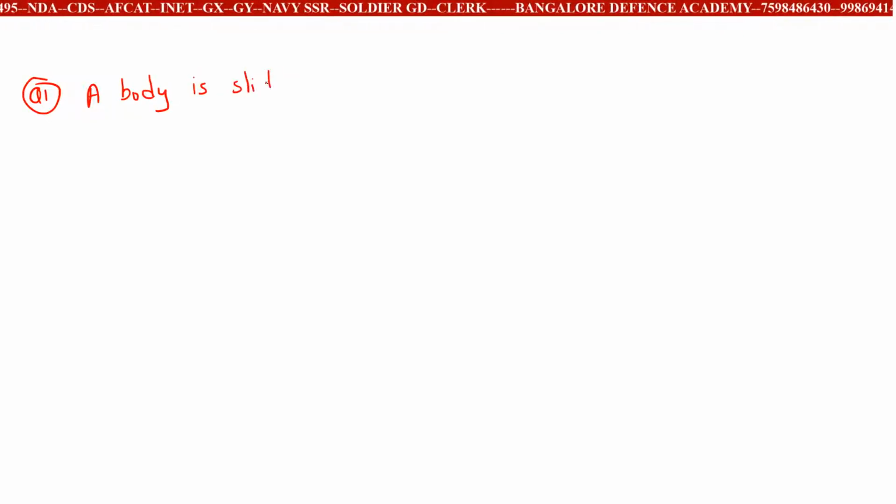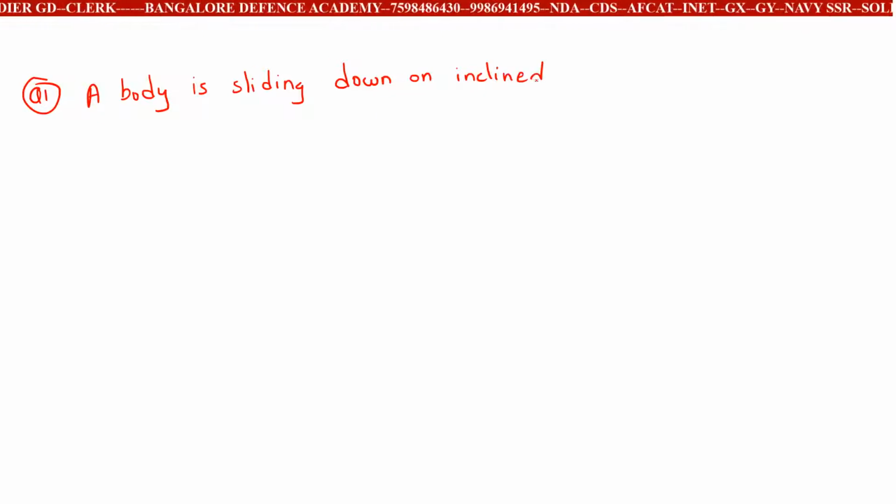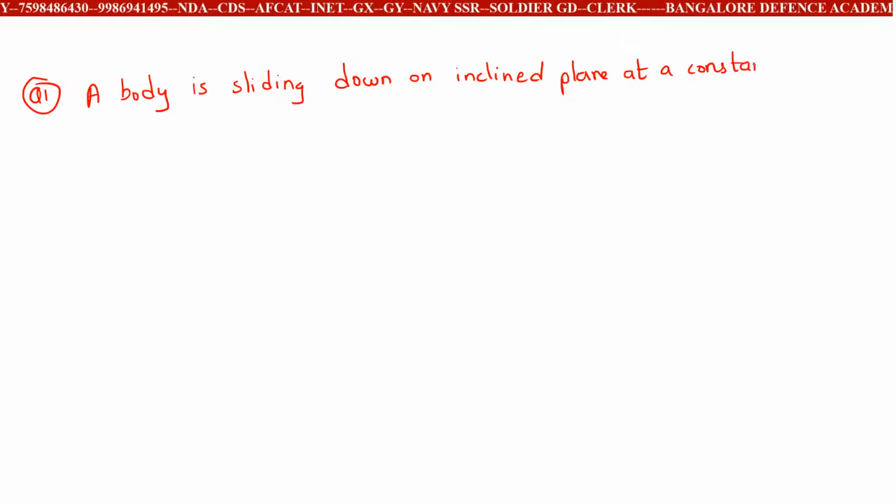Question number 1, you can take down. I'll write it on the screen, you can take it down. A body is sliding down an inclined plane at a constant speed. Each and every word is important here. You have to find out the given data.